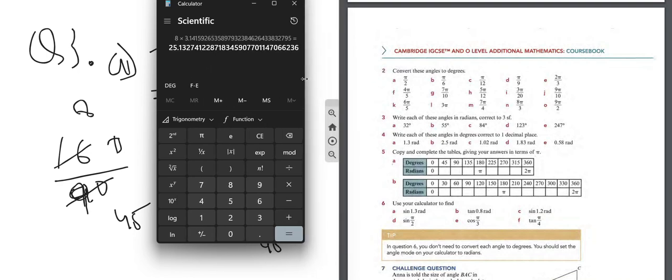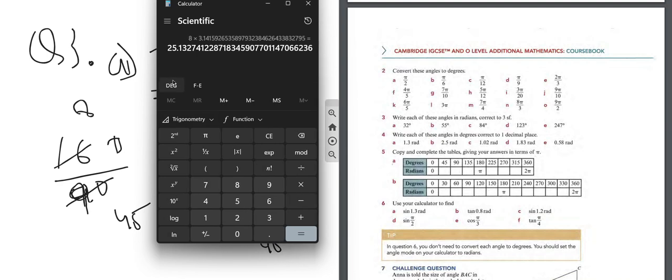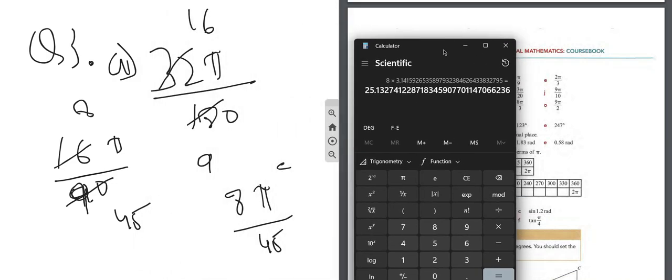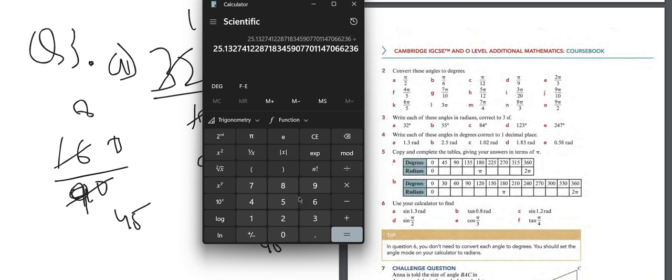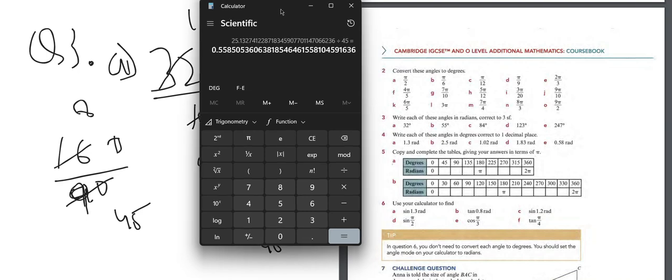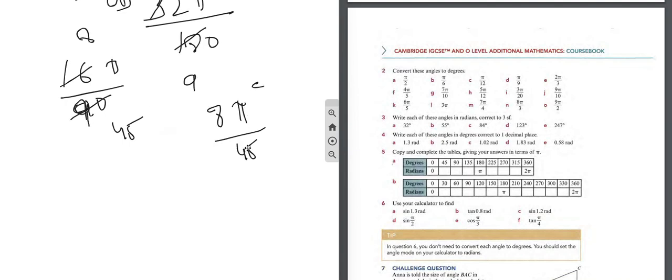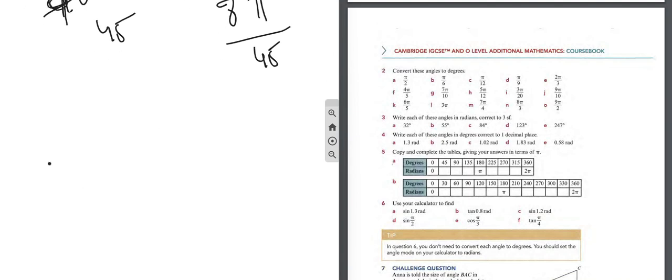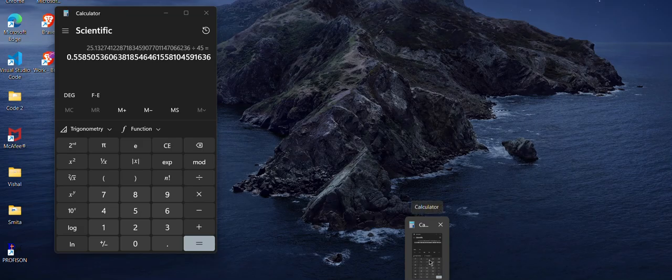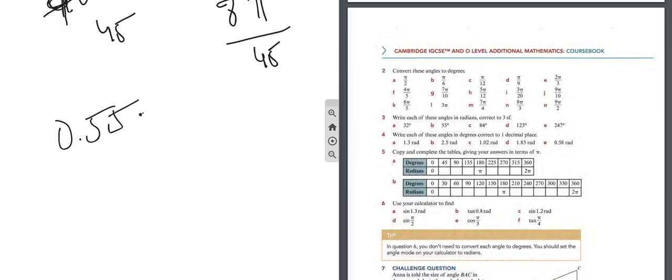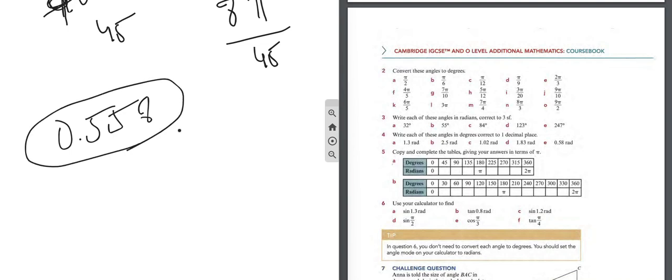Alright, no problem. We don't want this many digits, but okay. 25.13 divided by 45, we will get 0.558. We will just write that down here. 0.558 is going to be our answer.